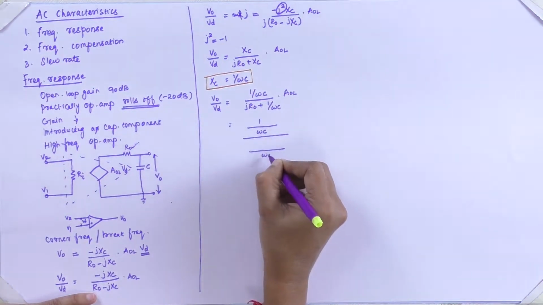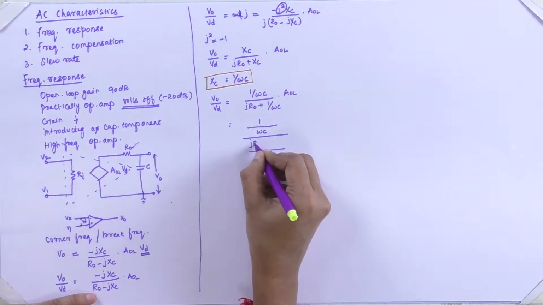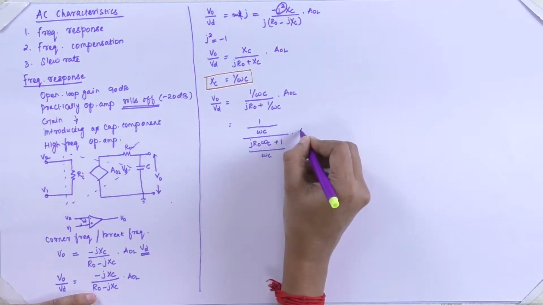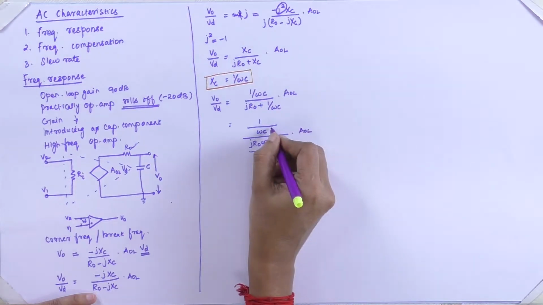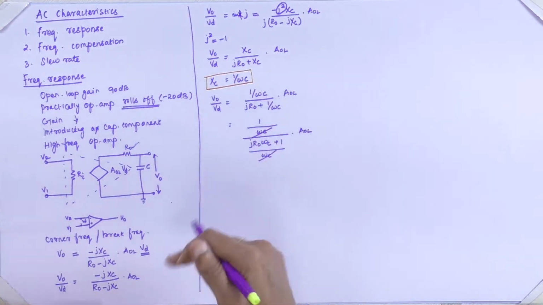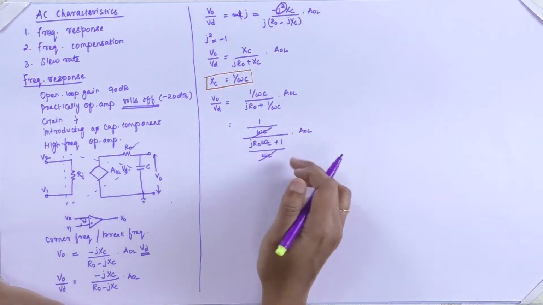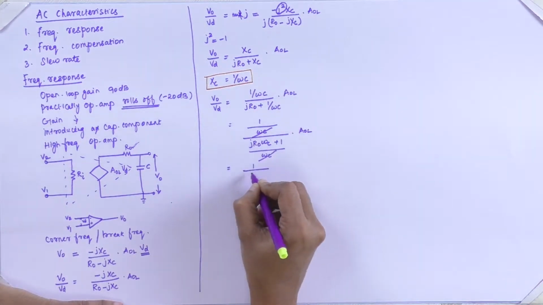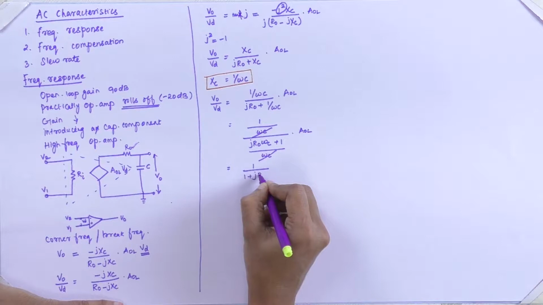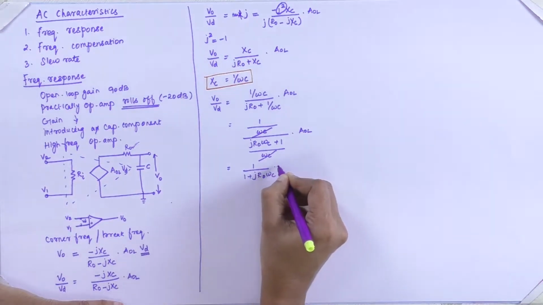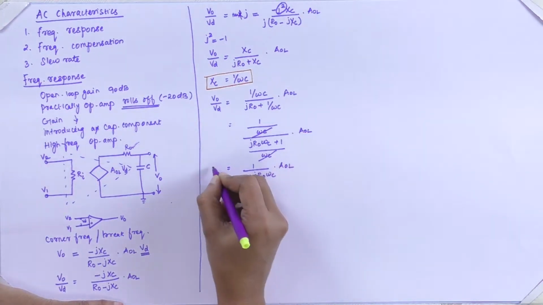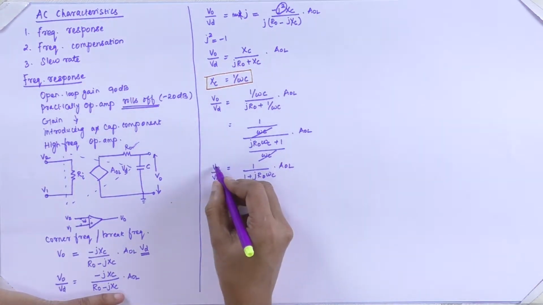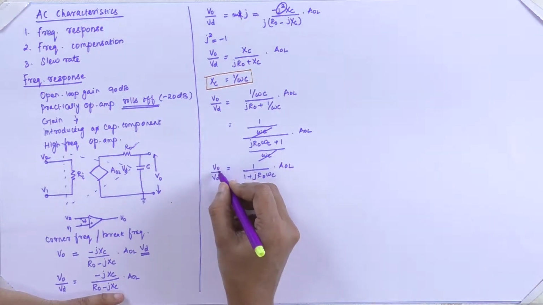Again I am taking the omega C, so I can write J into R0 omega C plus 1 into AOL. So now I can move that numerator to the denominator and it can cancel those omega C factors. So 1 by 1 plus J R0 omega C into AOL. This is the final expression for V0 by Vd.